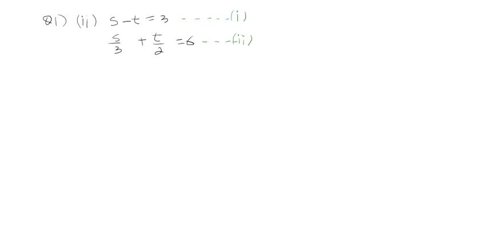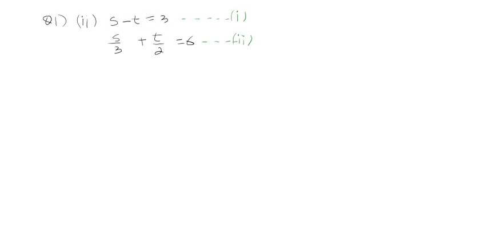Yes, from any equation, let it be equation 1 or equation 2, we are going to find any one of the variables, let s or t. So I'll use the first equation to find the value of s in terms of t, and then I'll substitute in the second equation, right?